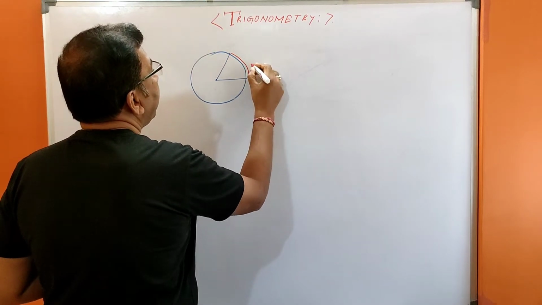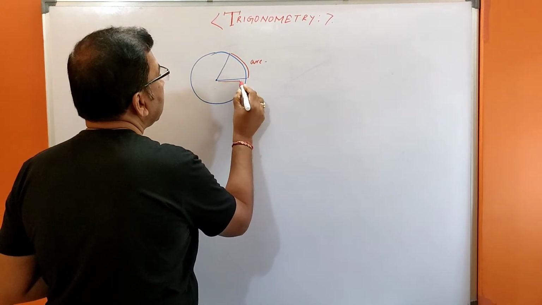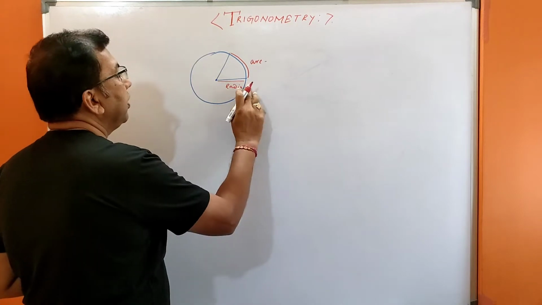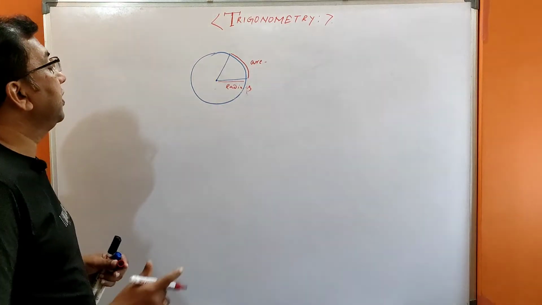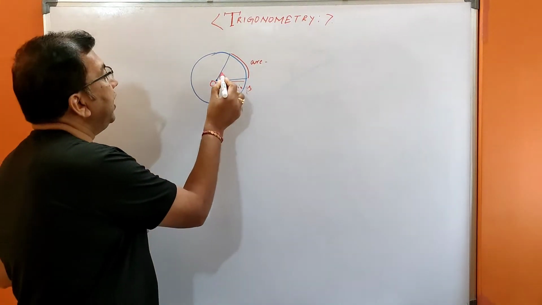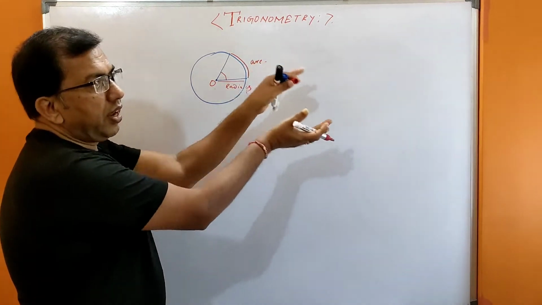The arc point. Clear? This is the radius. This is the center. And suppose this is the angle formed between these two.